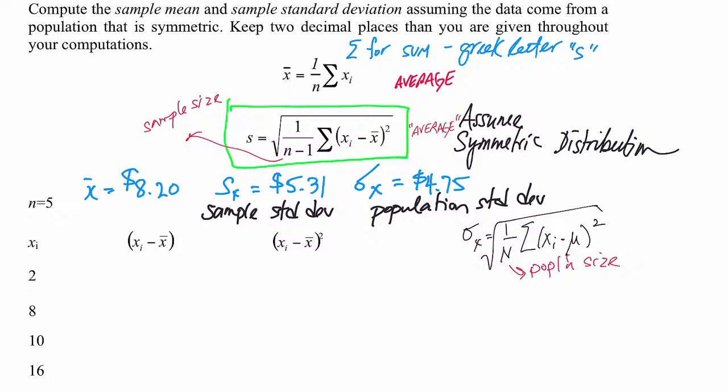And it turns out, now looking at this, notice that the standard deviation of the sample is larger than the standard deviation of the population, if we were to think that this data was a population.